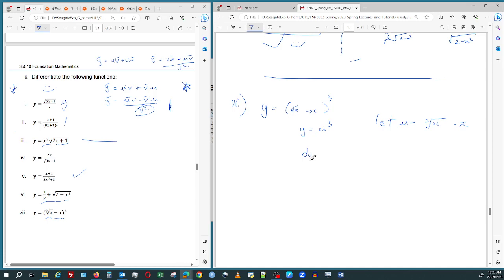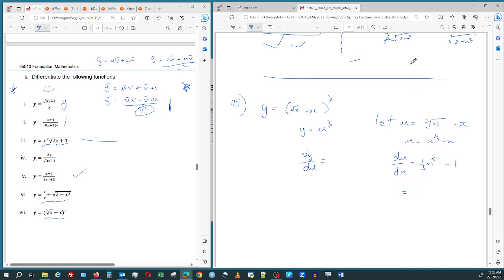So these are straightforward ones, but now this is a problem because we have to set this as x to the power 1/3 minus x. So we might get away with that. It'll be 1/3 x to the 1/3 minus 1, and this will be just minus 1 as a derivative.